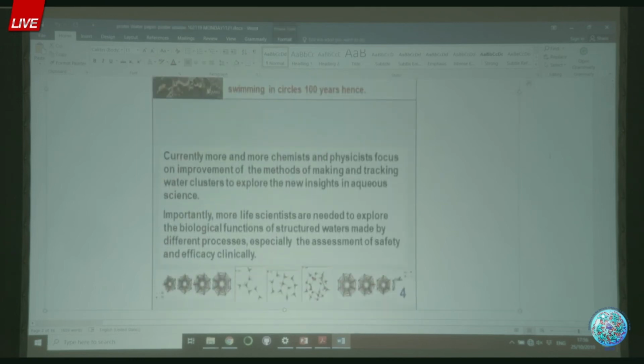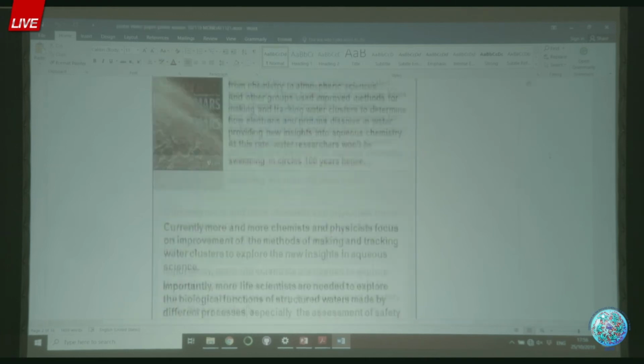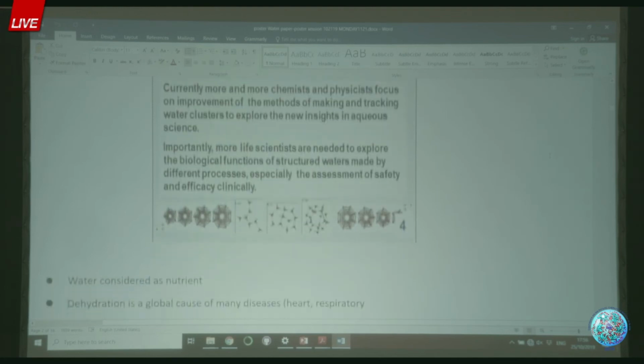What we're doing is creating structures using these clusters. Since 2004, science has actually recognized that water has organization, which is really not known to most people in the United States.